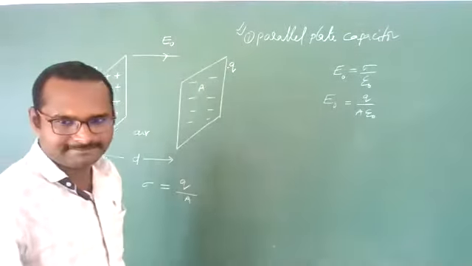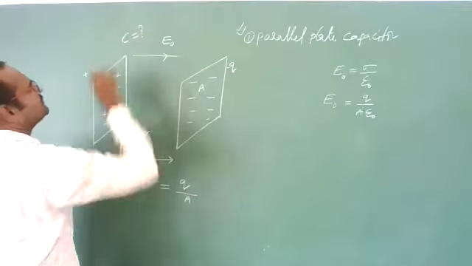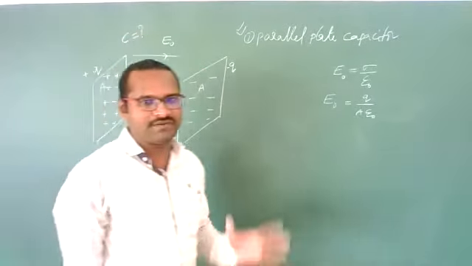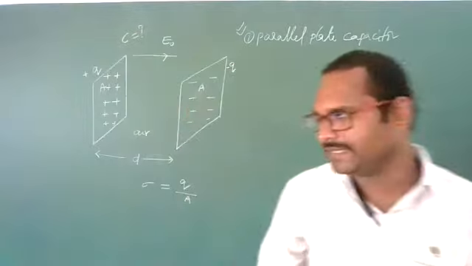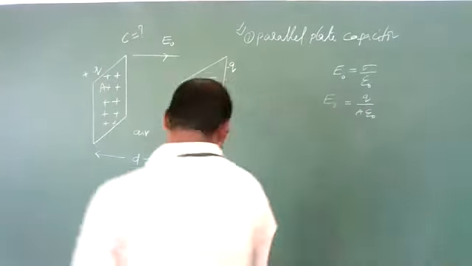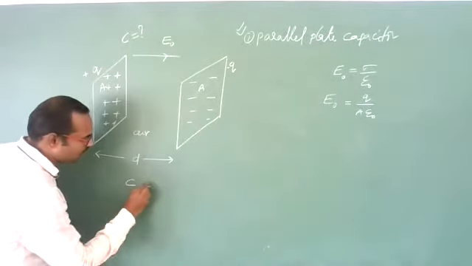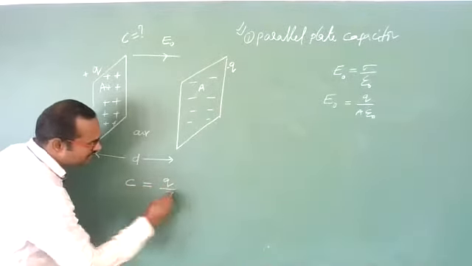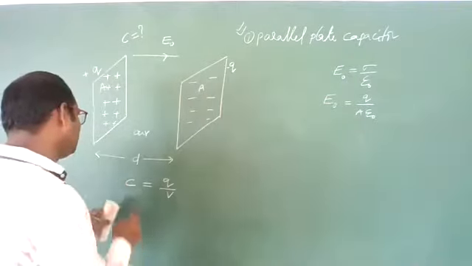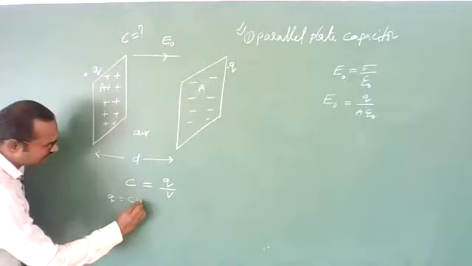This will form a capacitor. Now, its capacity, how much? What is the capacity of this parallel plate capacitor? We have to find it. So for this, what do we need to do? We know the formula C is equal to Q by V. Do you remember this one? Q is equal to CV, I told you yesterday.